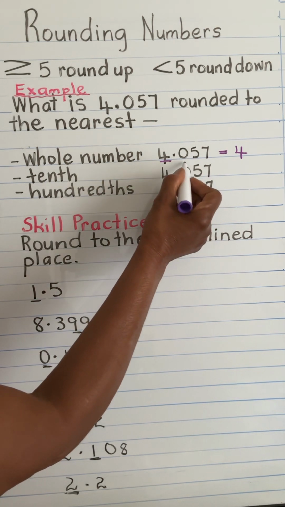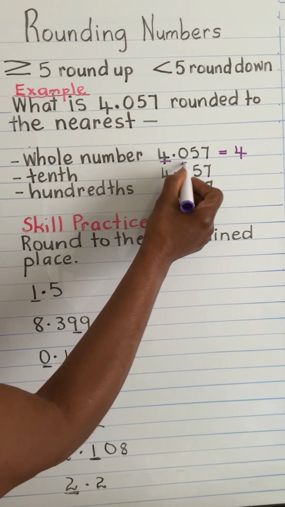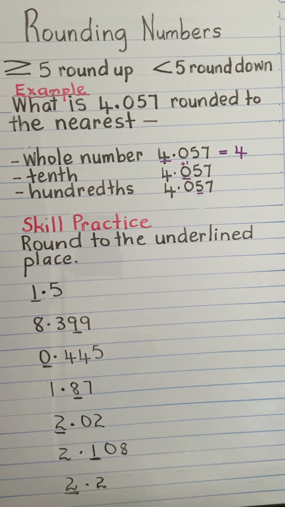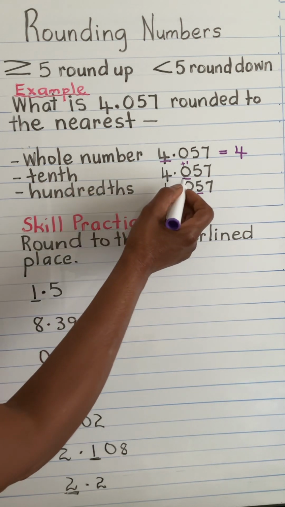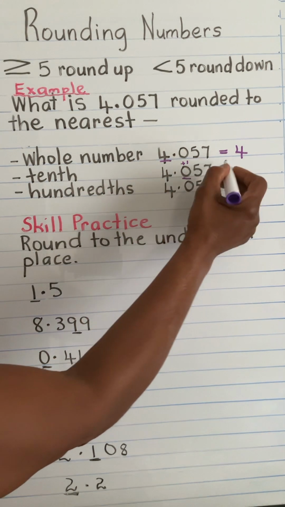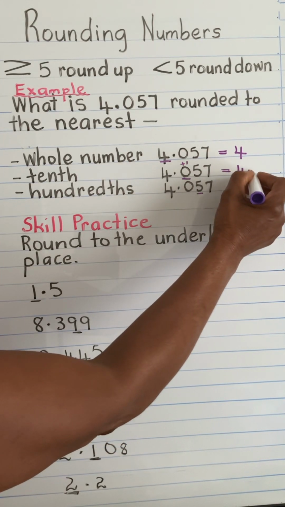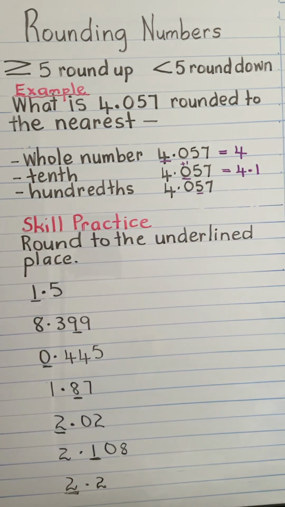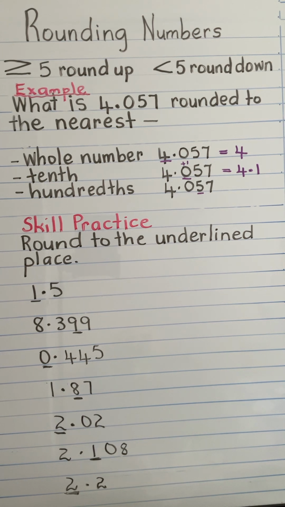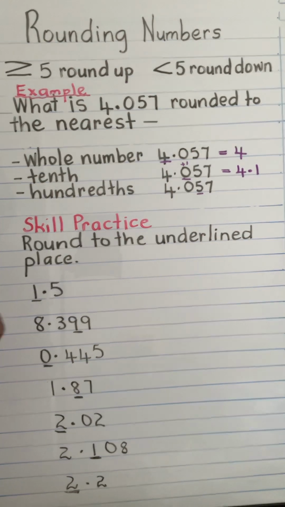Round up means we add 1 to the rounding number. So when we add 1, that is going to be equal to 4.1. So 4.057 rounded to the nearest tenth is equal to 4.1. Let's move on to the next example.